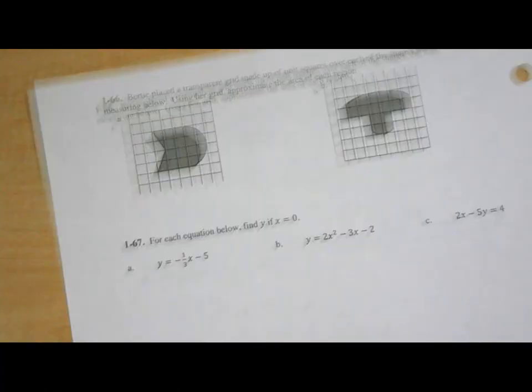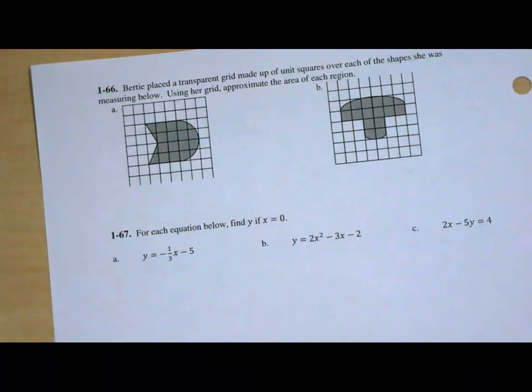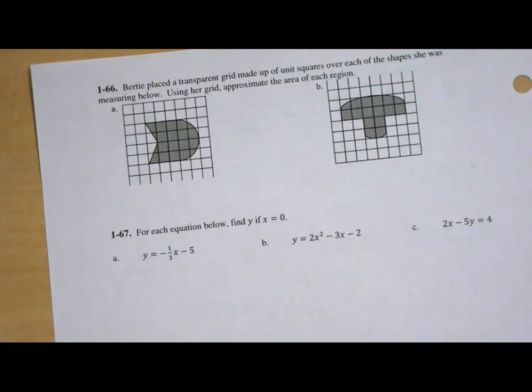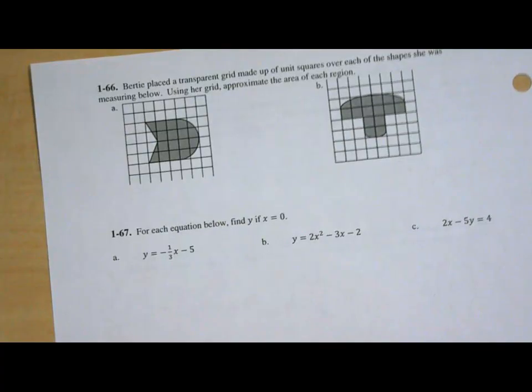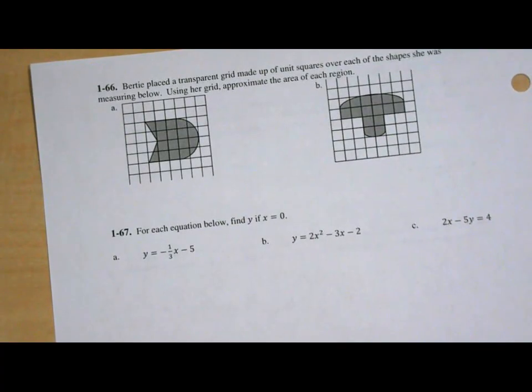All right, this is a big one. Last year I had someone spend 30 minutes on this problem, number 66. I would rather you spend 30 seconds on this problem, okay? So we are estimating the area of these shapes. I just want you counting up squares, and if a square isn't completely full, see if there's another little piece that you can combine it with to make a full square, and give me an estimate for how many square units each of these shapes are.